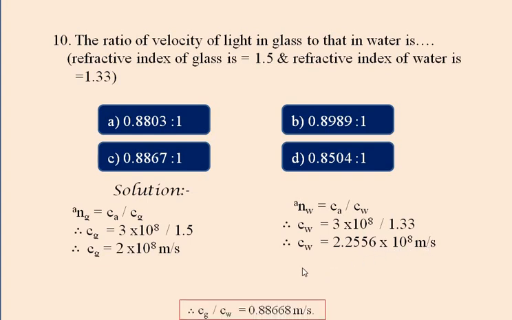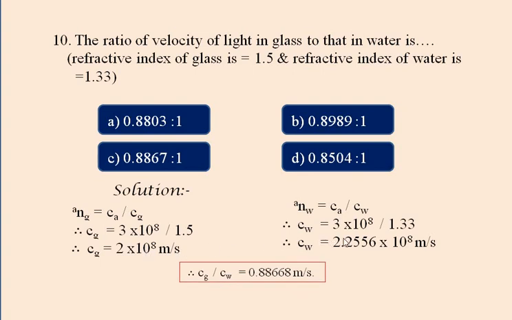Taking the ratio of these two, Cg divided by Cw is equal to 0.88668. So the correct answer is option C, that is 0.8867. Today we will stop here and we will meet in the next lecture.